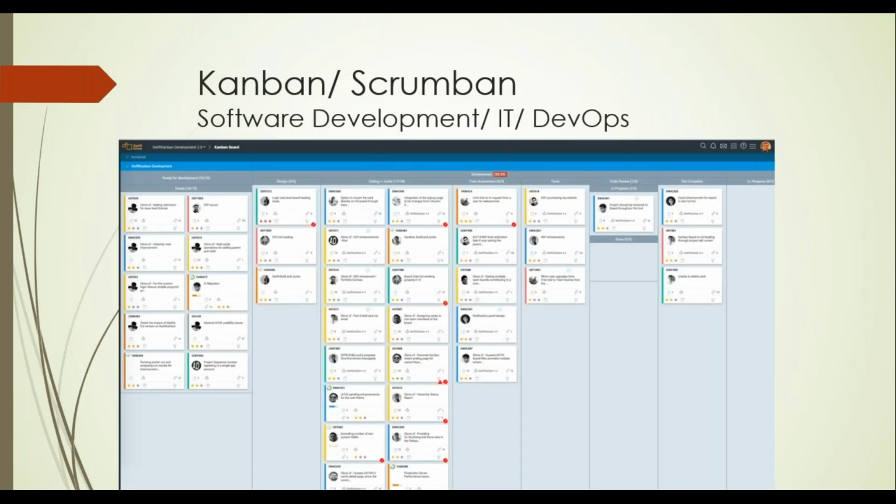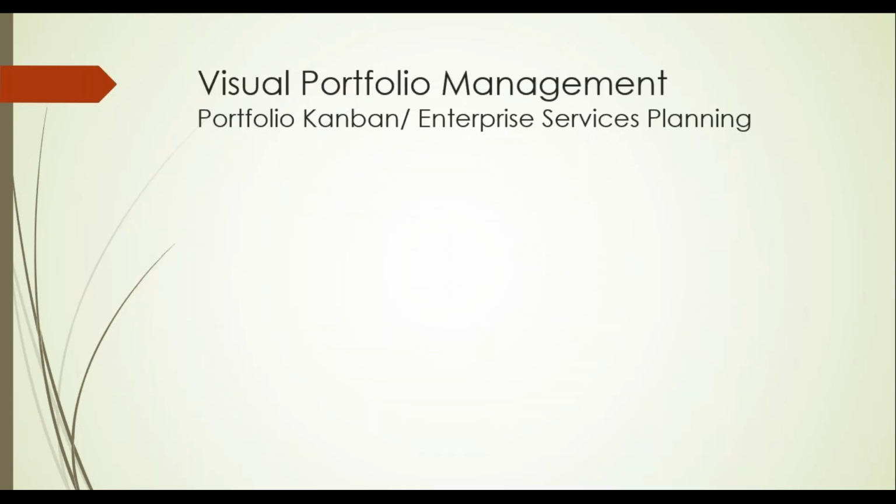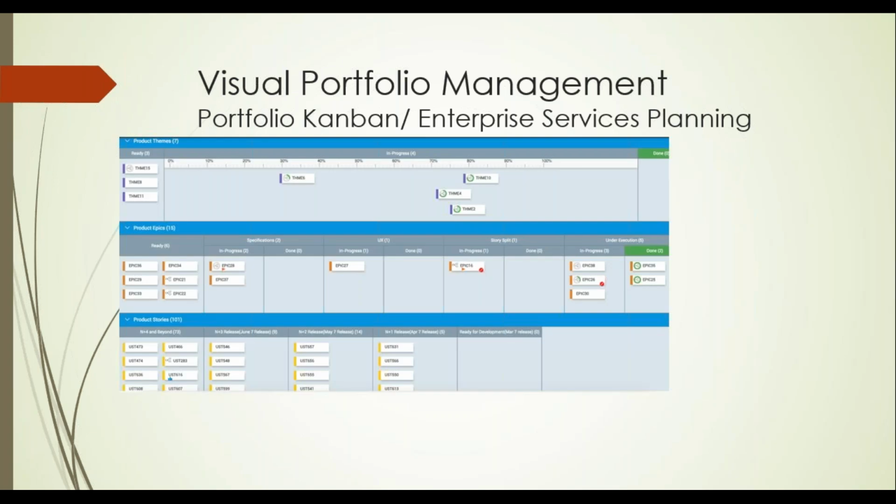So this is Swift Kanban, just a little bit about Swift Kanban. We launched it in 2011, with a lot of support from the Lean Kanban community, I must add. We have teams across software development, IT, and DevOps, as well as functions like marketing, procurement, legal, and HR who use Swift Kanban. And we have some great visual portfolio management capabilities.